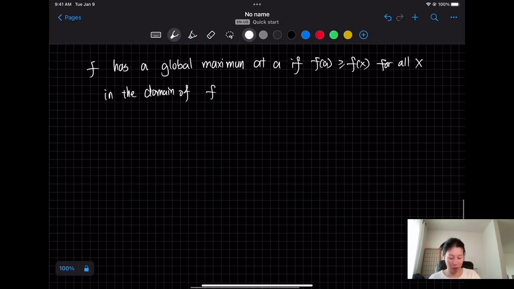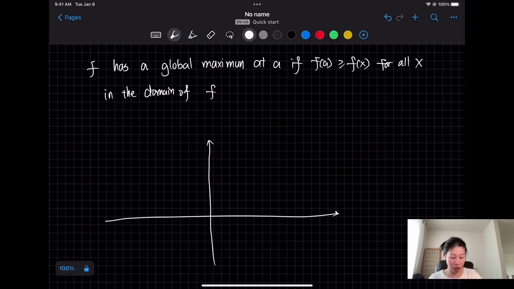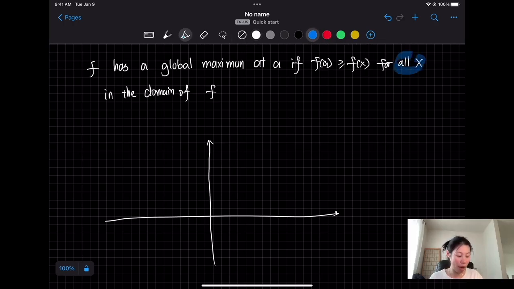So what does that mean? The keyword is all x.